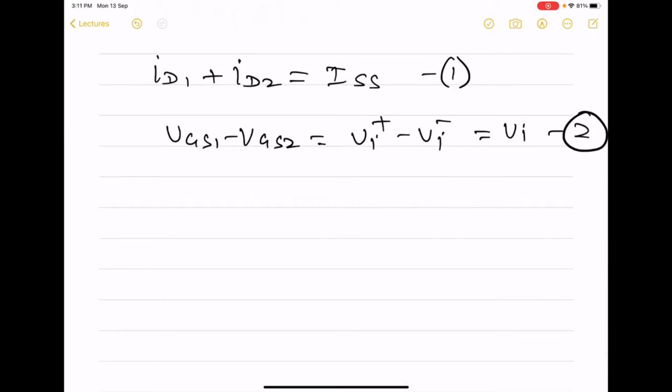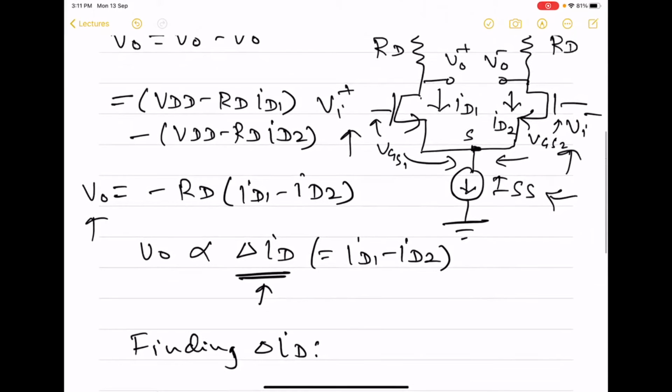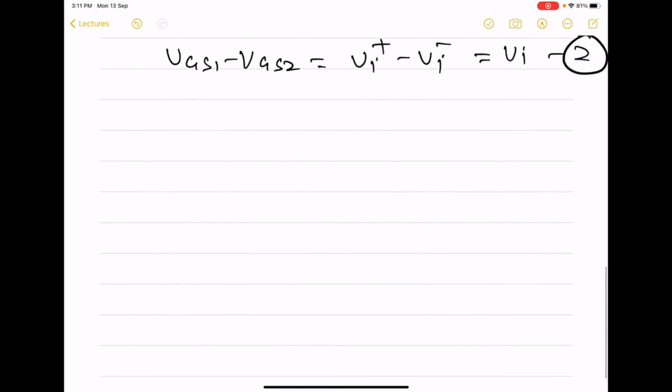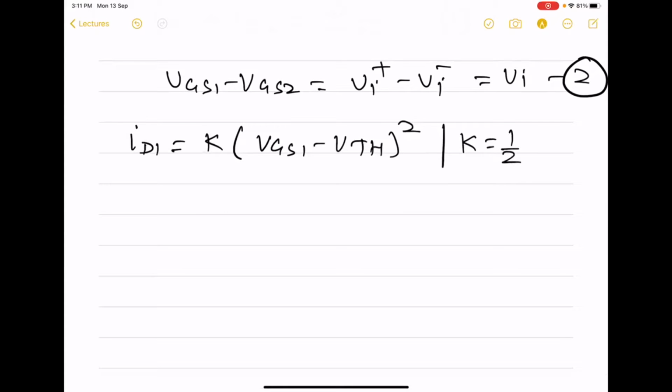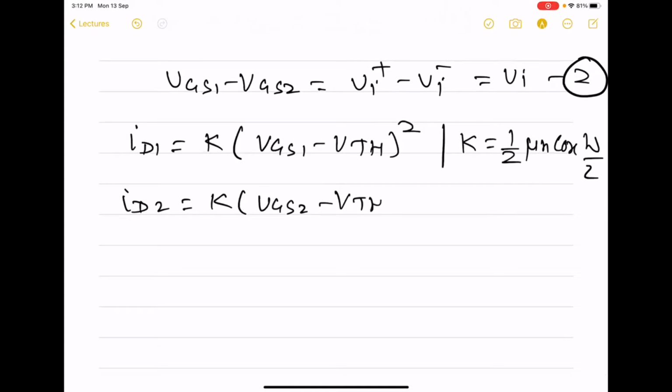And the third set of equations are the equations for the drain currents themselves, which we know: ID1 is equal to K into (VGS1 minus VTH) whole square, where we have been defining K as 1 by 2 mu n Cox W by L. Similarly, ID2 is equal to K into (VGS2 minus VTH) whole square.